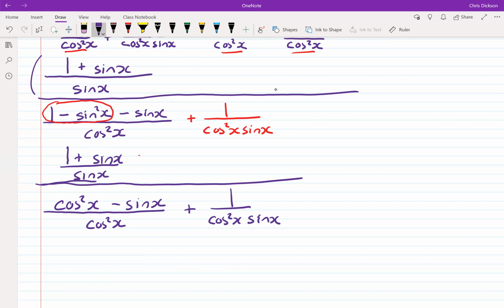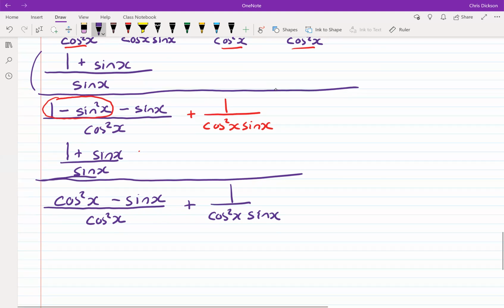So I'm going to need to multiply this fraction by a sine x. And this is looking dreadfully awful.